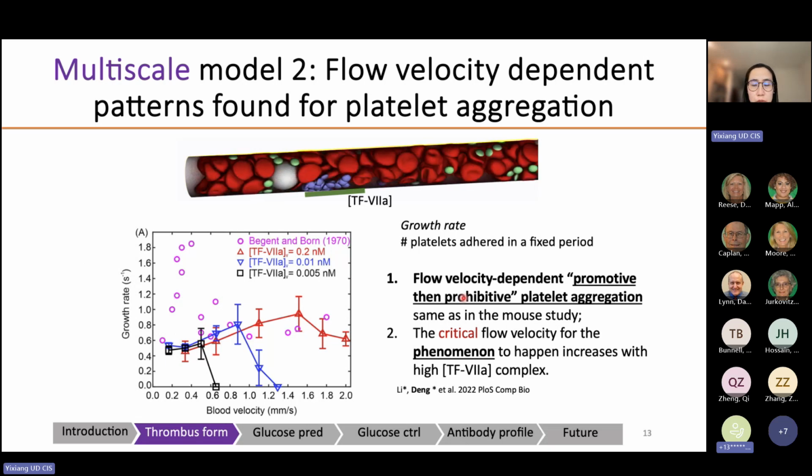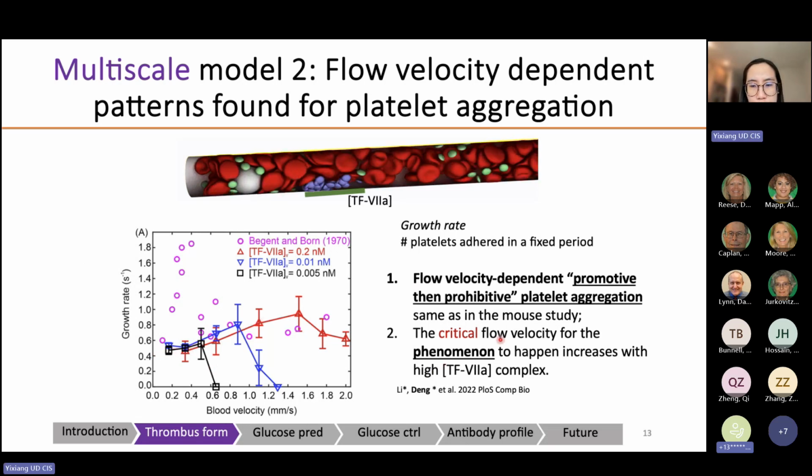The first conclusion we obtained is a flow velocity dependent promotive then prohibitive platelet aggregation pattern, which corresponds very well to the mouse study done in 1970 for different complex concentration levels.